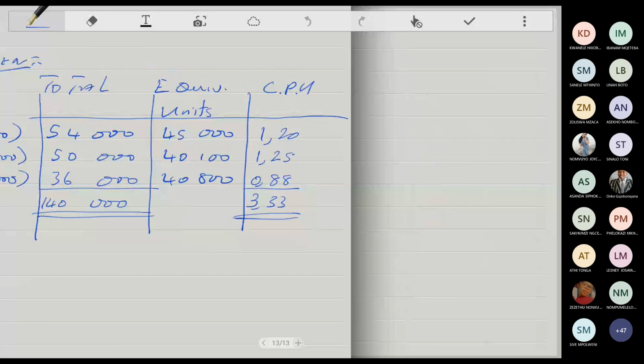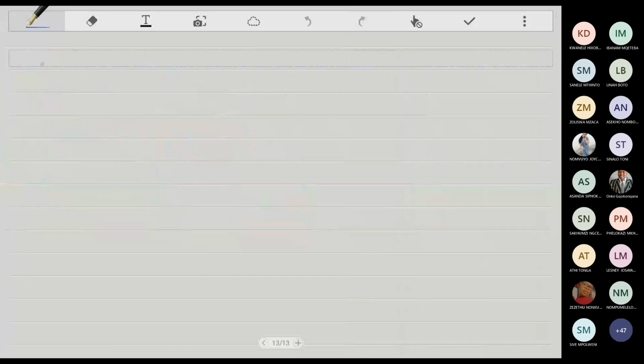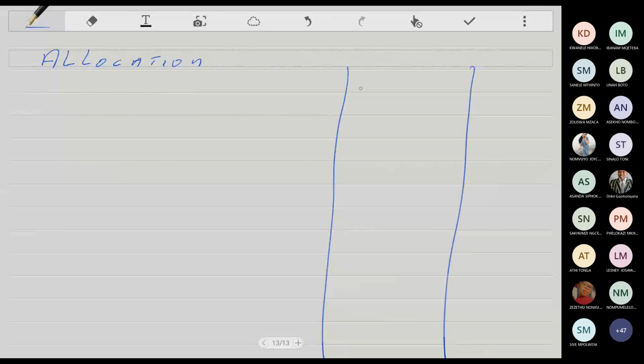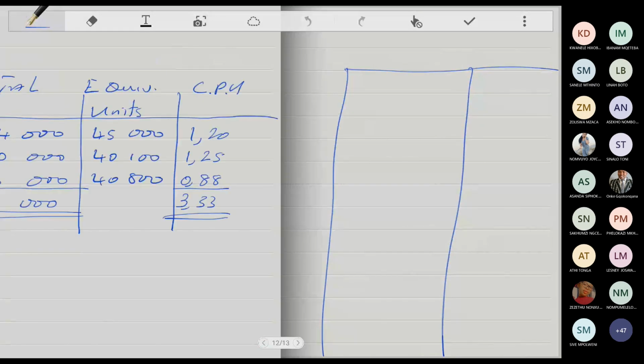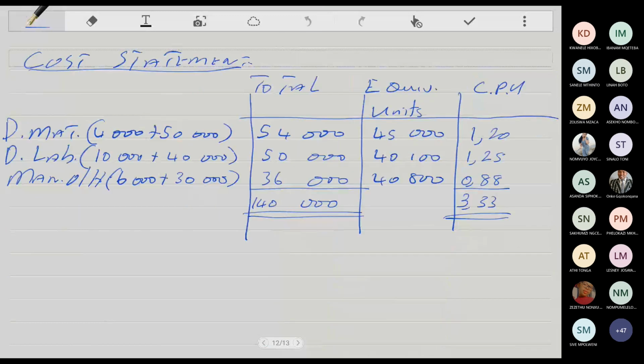Then we move on to the last statement, which is the allocation statement. Once again, as I've said, when you draw up your allocation statement, you are going to be guided by your quantity schedule, the output column of your quantity schedule. When you look at that output, the very first units that you see is 38,000 units.